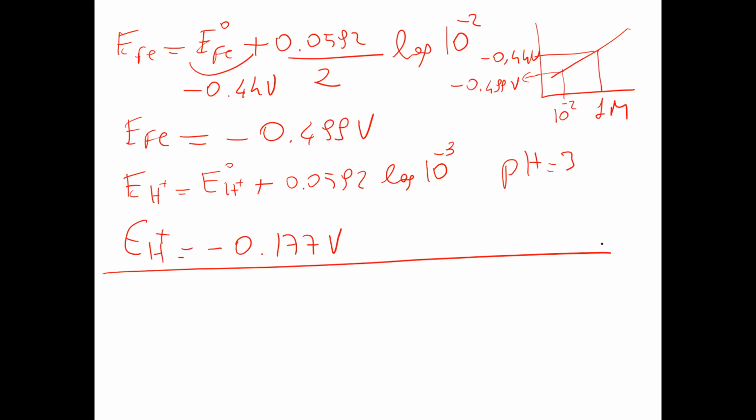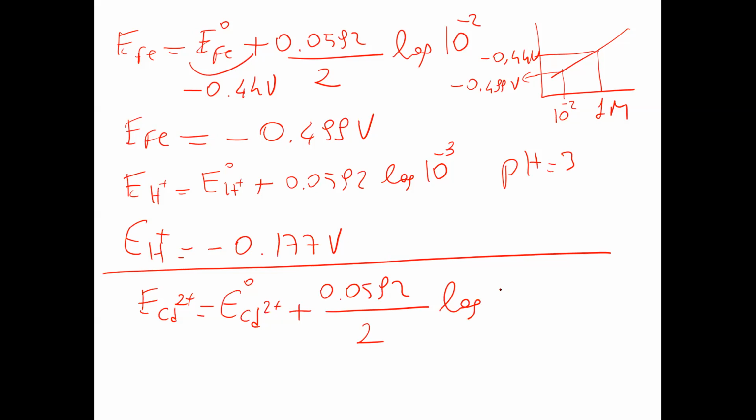And now we come to cadmium. Reduction potential of cadmium 2 plus is equal to the standard reduction potential of cadmium plus 0.0592 divided by the valence electron number of cadmium, which is 2, and the concentration of cadmium 10 to minus 3.